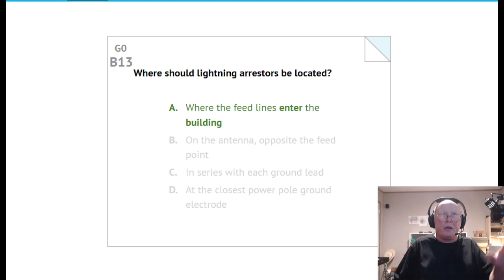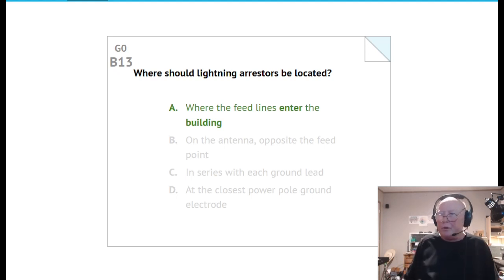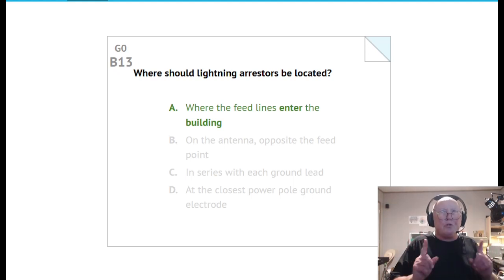There's section A and section B, and one covers RF exposure mainly, and the other is just electrical safety in general, lightning arresters and hot wires and stuff like that. Just general electricity questions.